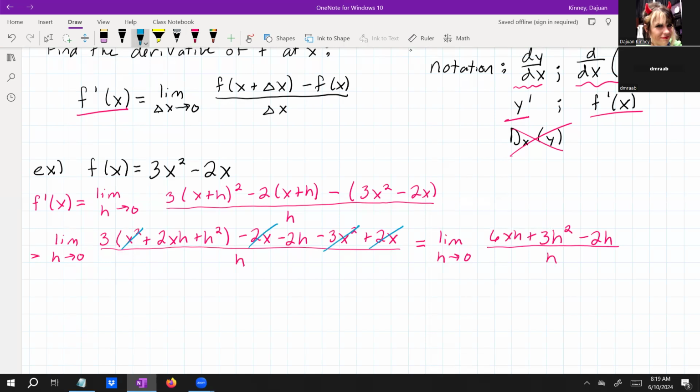If I were to factor out an h, what am I left with? I get 6x minus 2, which is what I knew it should be. So that's our derivative. This is 6x minus 2.